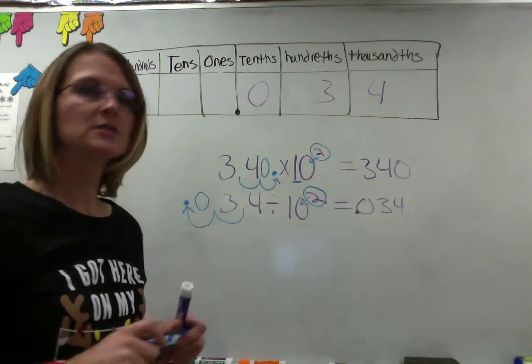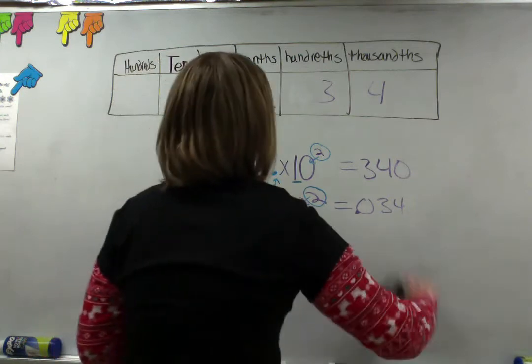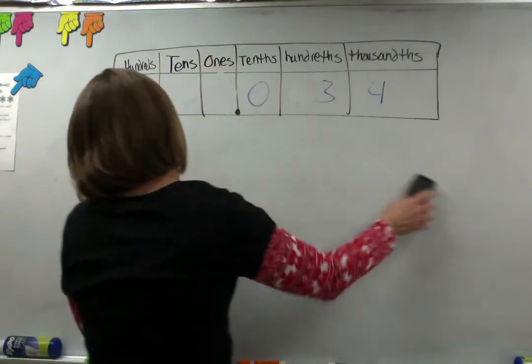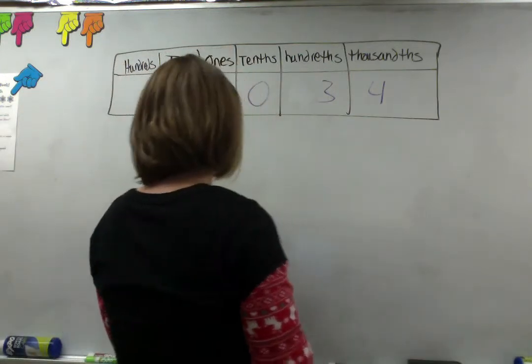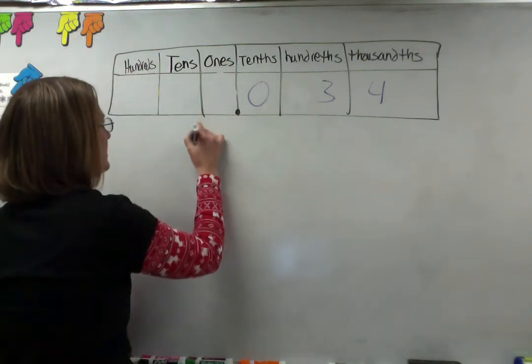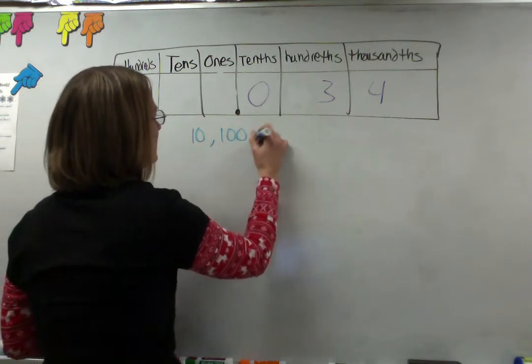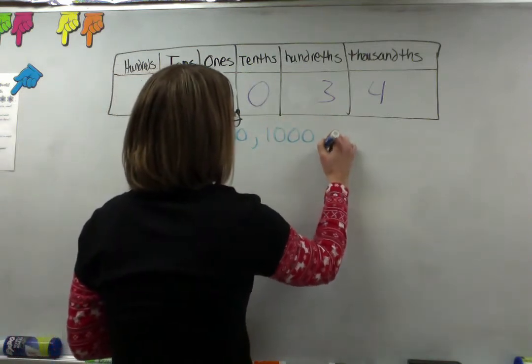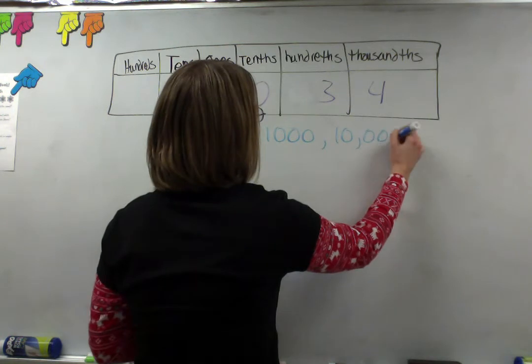Ooh, there's shortcuts, okay? So basically, every time you multiply by powers of 10, and powers of 10 are 10, 100, 1,000, 10,000, those are all powers of 10.